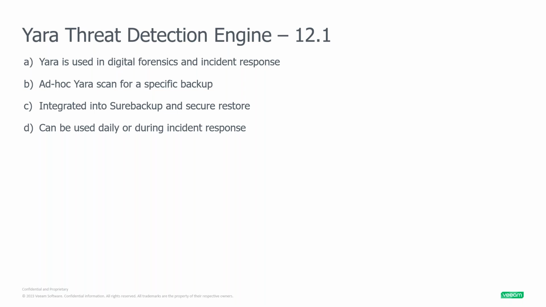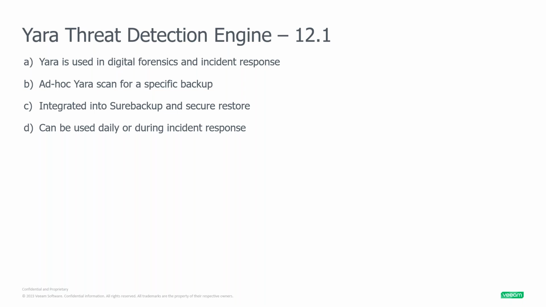You can perform this similar to how you scan with antivirus scanners, right? You can use an ad hoc Yara scan for a specific backup, right? It can be integrated in SureBackup, without having to power up a data lab to do this in 12.1.